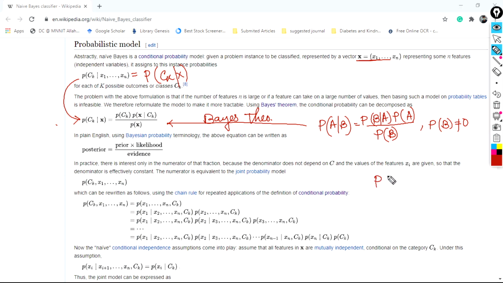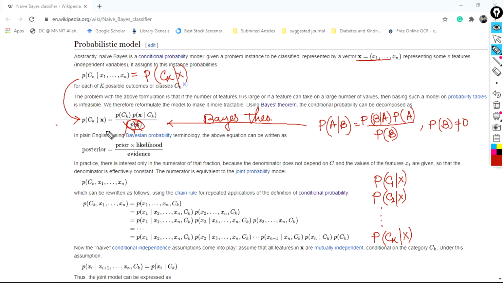At the end of the day we are comparing the values C1 given x, C2 given x, up to CK given x. In each probability the denominator has P of x, which is a fixed value appearing in all of them. So for comparison purposes we just neglect it.